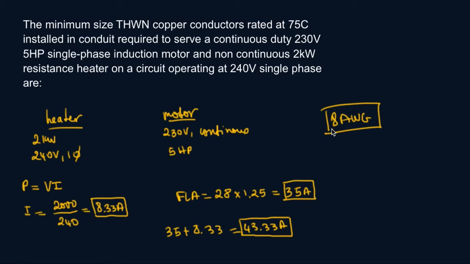So it's like 3 NEC articles that we used in just one single problem. But as you practice, it becomes natural. Once you see continuous duty, it's 125%. The only thing you need to look up is your single motor full load amp value, because you can't memorize those, and then your ampacity table. But it's not really that bad. So let me know if you have any questions.